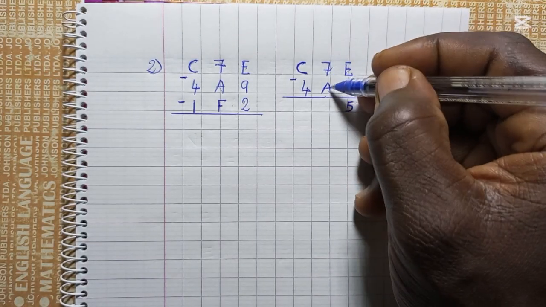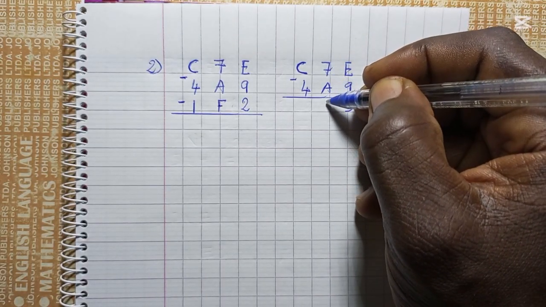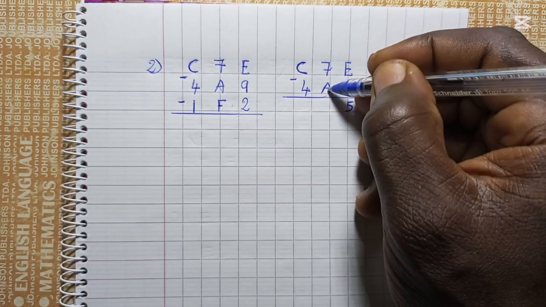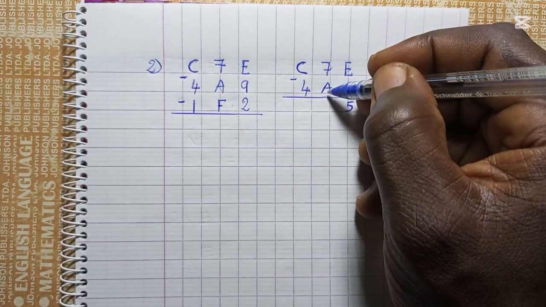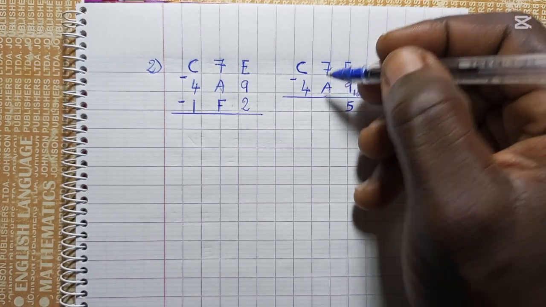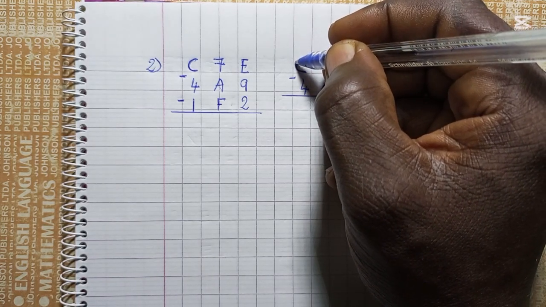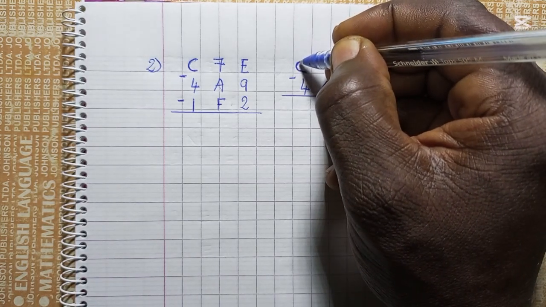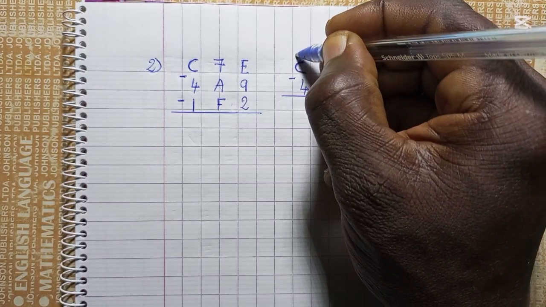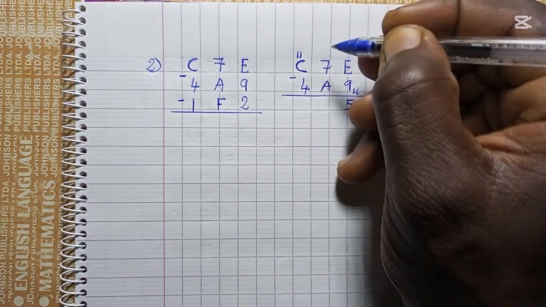Now 7 minus A is impossible. A is 10. 7 minus 10 is impossible. So what we are going to do is borrow 1 from this C. Remember C is equivalent to 12. We are going to remove 1 from this C. If we remove 1 from C, here will remain 11.